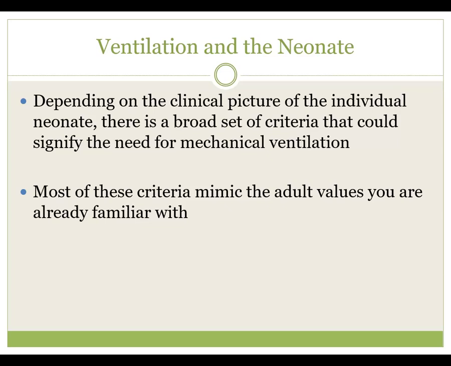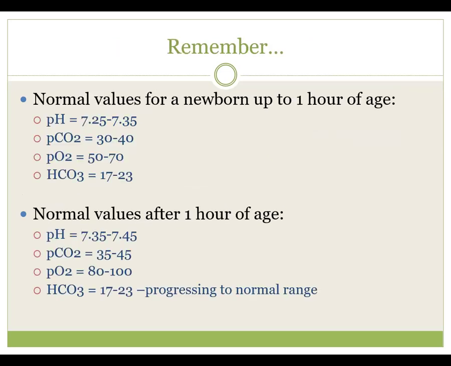Okay? Many of the criteria that we use to classify a neonate as being in respiratory distress mimic adults. However, they're slightly different and they can change a little more rapidly than adults. So remember we talked about normal values for a newborn up to 1 hour of age are slightly lower across the board than normal values for an adult.